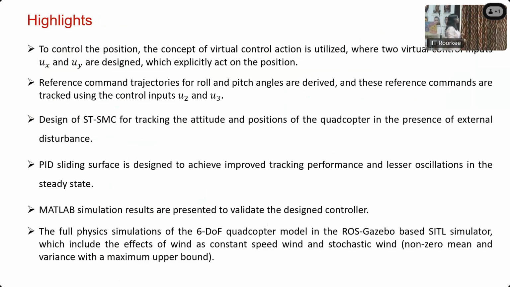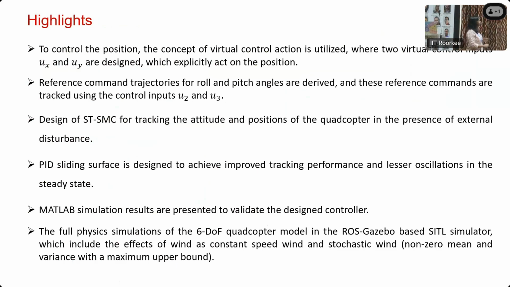So we have used the super twisting based sliding mode control for tracking the attitude and altitude. So altitude Z and attitude is phi, theta, psi. And we have also done the simulation results in the presence of different disturbance scenarios. As you might have already understood, for sliding mode control we have two design steps. First, we design the sliding surface, and then we talk about the design of the sliding mode controller, which will be a stabilizing controller.